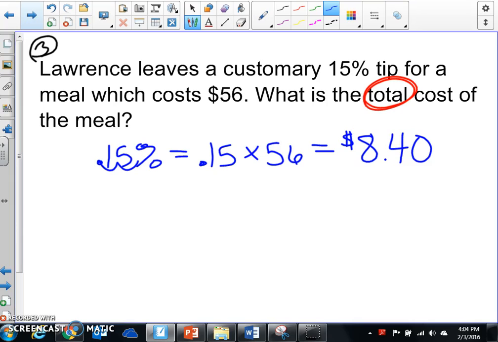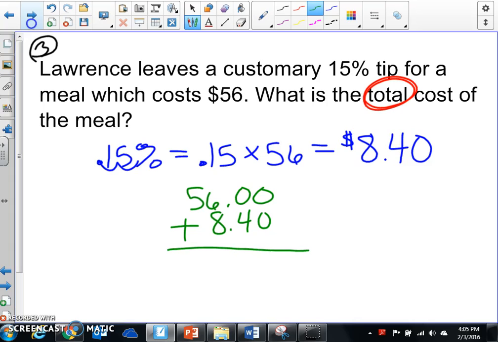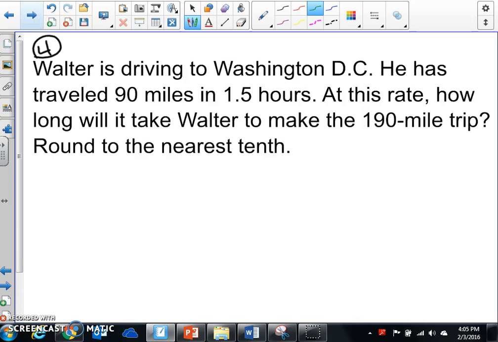Now this is a tip, so I add. So I take the original amount and I add the $8.40. And that gives me $64.40. That's how much the total cost of the meal is.